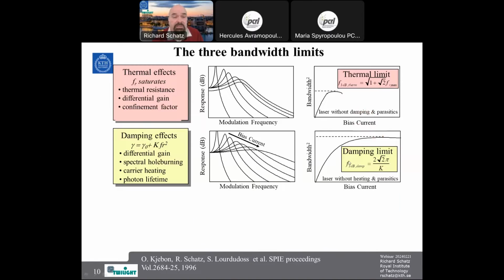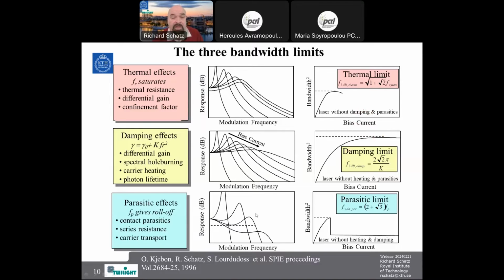Then the last limit is a parasitic limit, and that you can also calculate. You can calculate what the bandwidth of a laser would be if it was only limited by parasitic effects, and you didn't have any thermal effects and damping effects. And that parasitic limit is given by this expression.